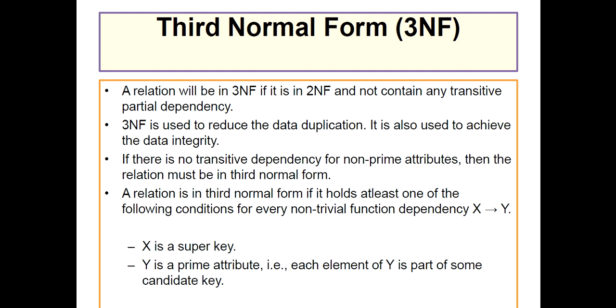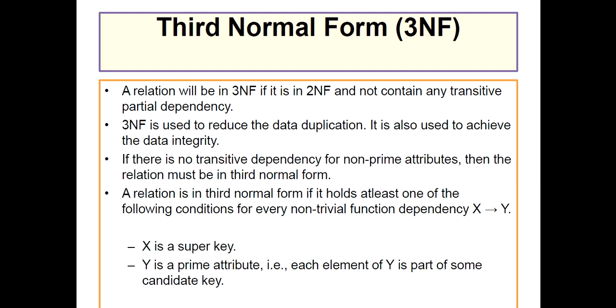Although we have BCNF, fourth normal form, and fifth normal form, and converting into those higher normal forms is also okay, at least up to third normal form you have to consider. So if there is no transitive dependency for non-prime attributes, then the relation must be in third normal form.